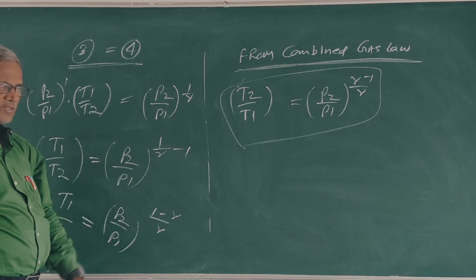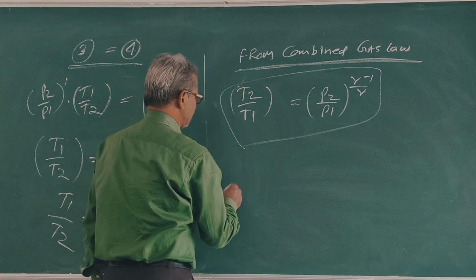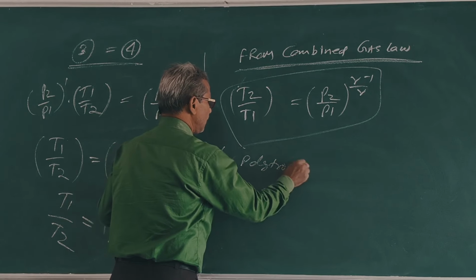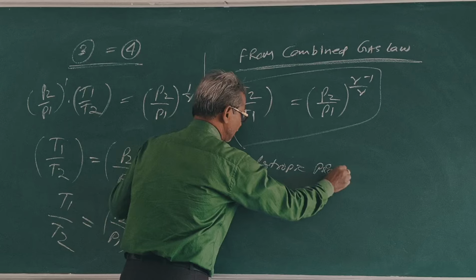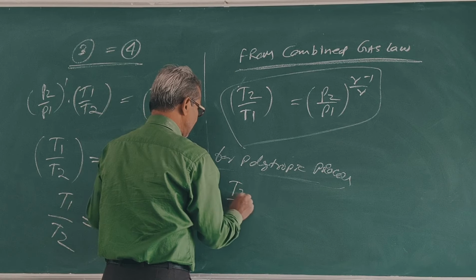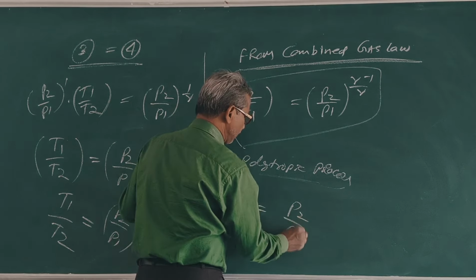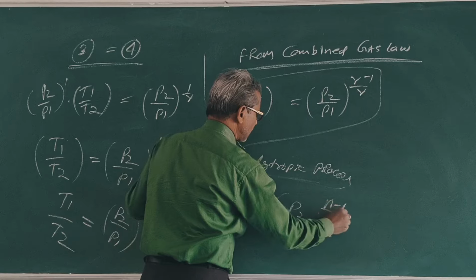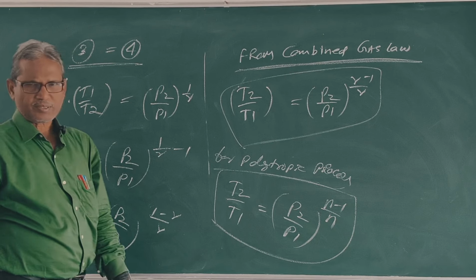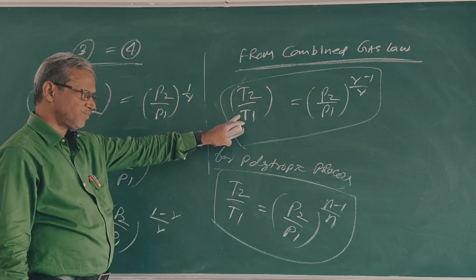This is equation 5. This is for adiabatic process. Similarly, for polytropic process, T2 by T1 is equal to P2 by P1 to the power of n minus 1 by n. Clear? This is for polytropic process. This is for adiabatic process.